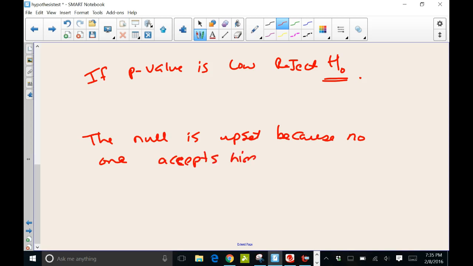That's a C. Now I know that's really silly, but we never prove the null is true. Think of a trial, okay? In a trial, we never find the person innocent. We always say that they're not guilty because maybe there's some evidence we overlooked.